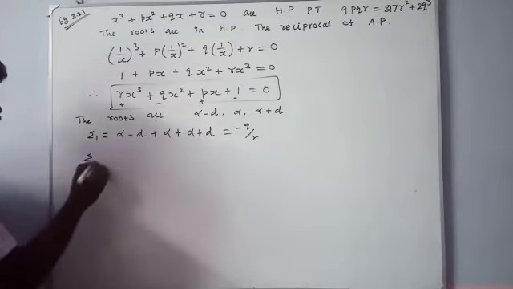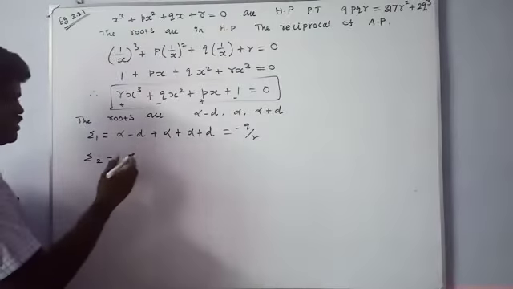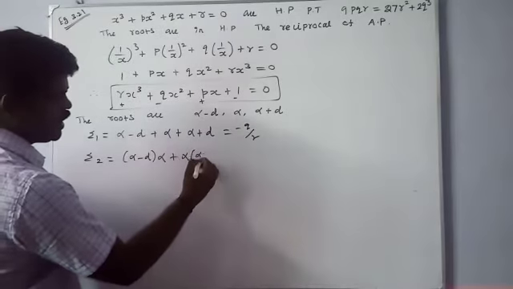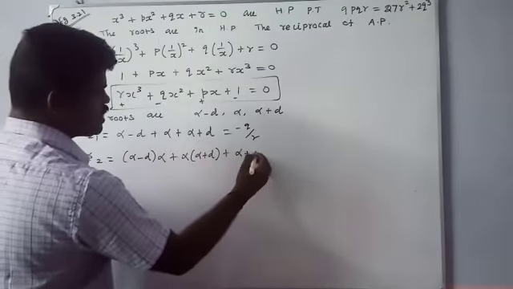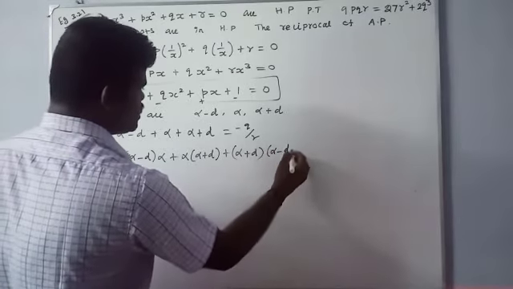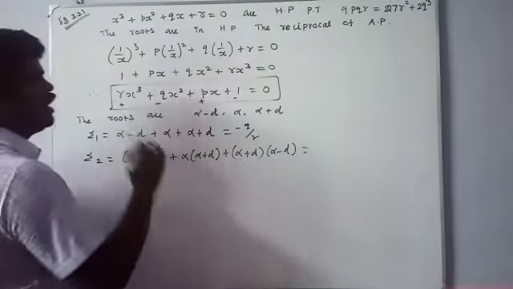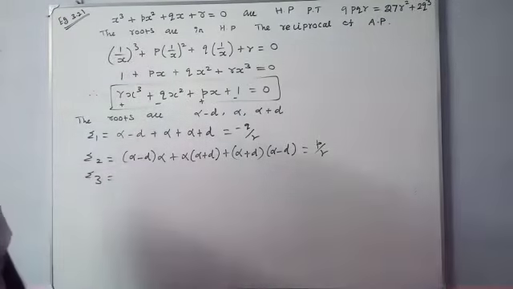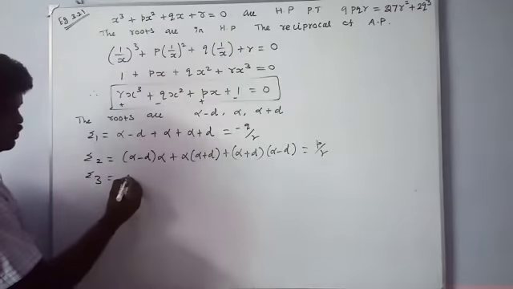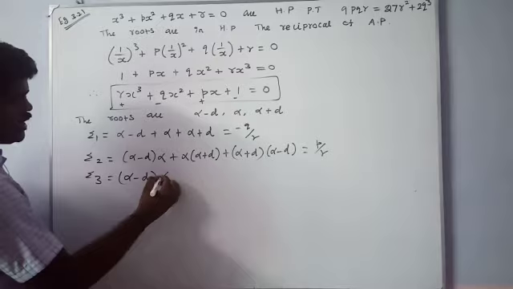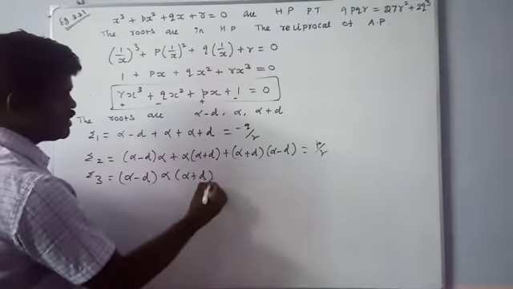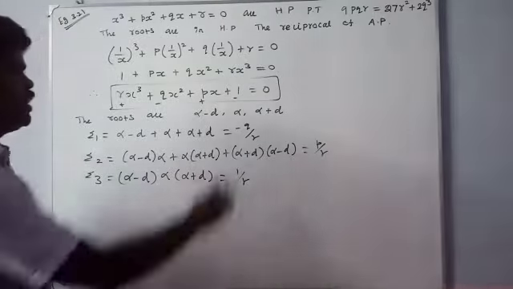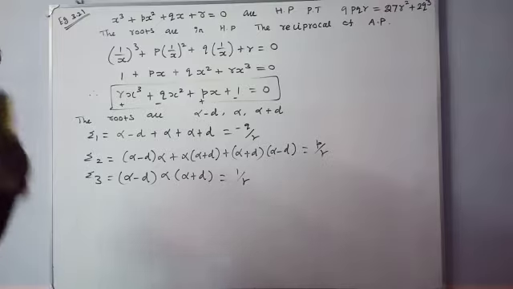Summation 2 is equal to the product of these roots two at a time: alpha minus d into alpha, plus alpha into alpha plus d, plus alpha plus d into alpha minus d, which is equal to p by r. And summation 3 is equal to the product of these three roots, alpha minus d into alpha into alpha plus d, which is equal to minus 1 by r.